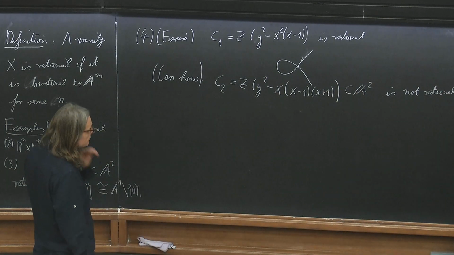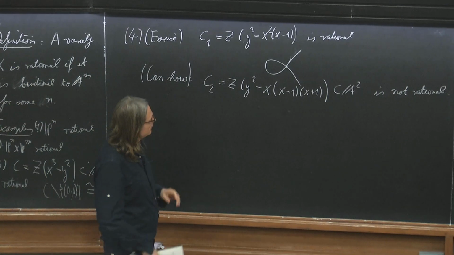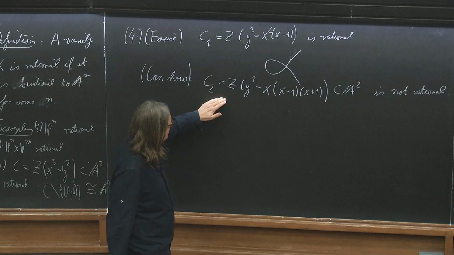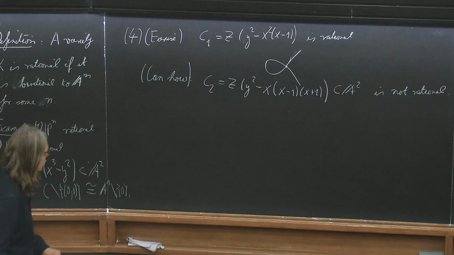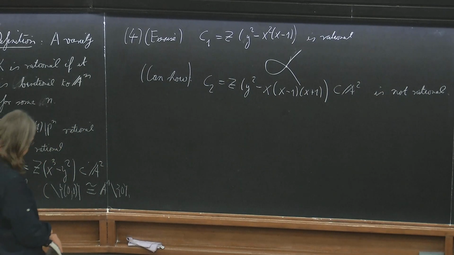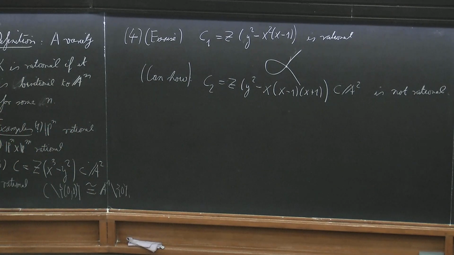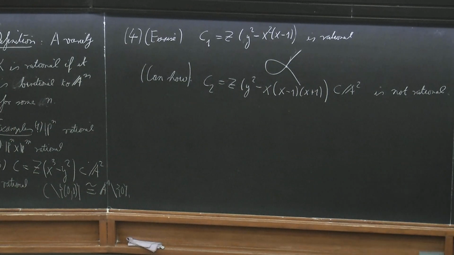But we haven't developed the tools to prove such a thing. I think it might be possible to make some complicated ad hoc proof, but the natural way to prove it, we don't have. Okay, so for the moment, that's as much as I wanted to say about rational maps, and we'll maybe come back to rationality later.